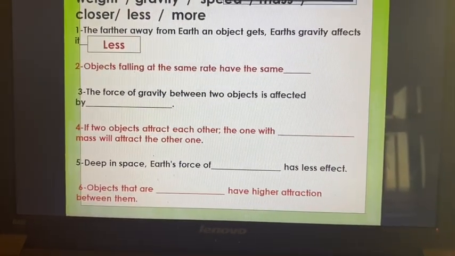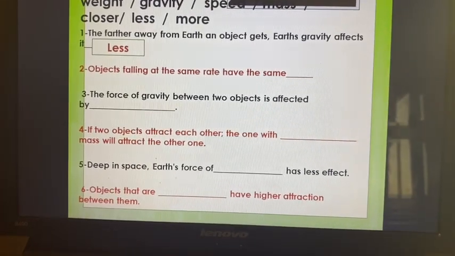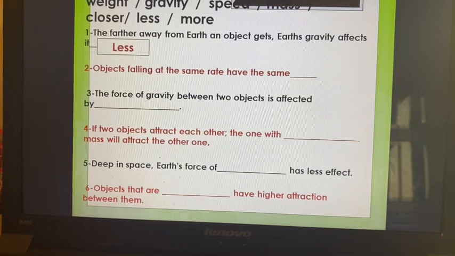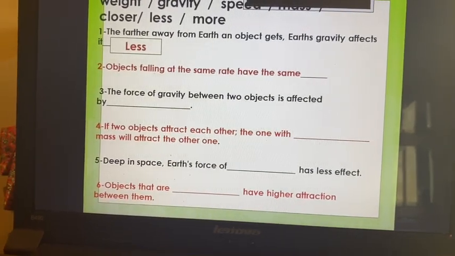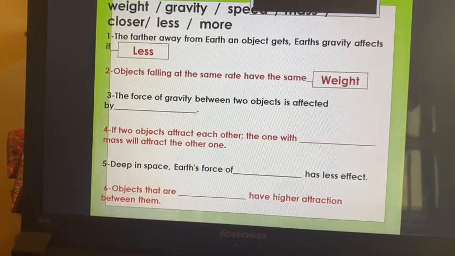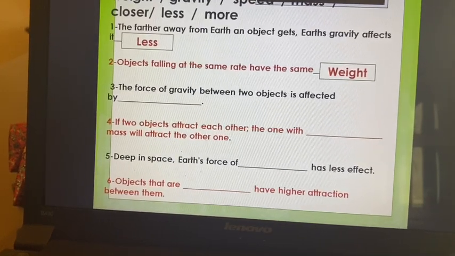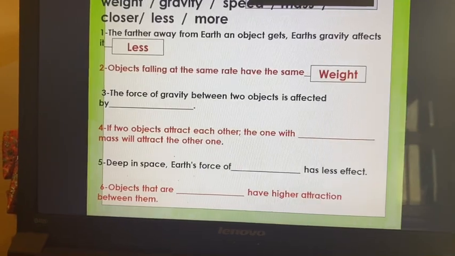Objects falling at the same rate have the same what? If they are falling, do they have the same mass or weight? We said if they are falling, this is the force that affects the object, so they have the same weight. The Earth's gravity is pulling them down, not their masses.